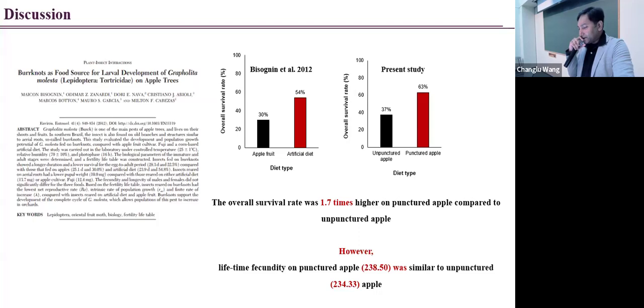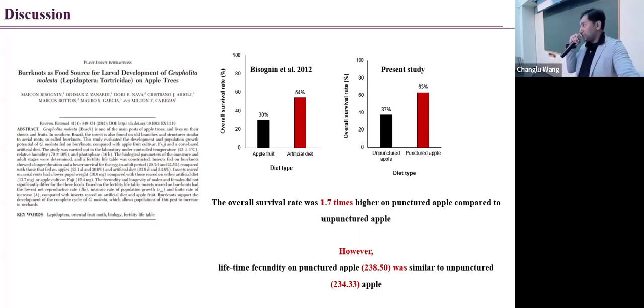And there's an entomologist actually, Bisognin et al. 2012. He also evaluated apple fruit with artificial diet, and he found that normal apple fruit overall survivability is 30%, but in our study we found that unpunctured apple overall survivability is 37%, while artificial diet produced like 54% overall survival rate.